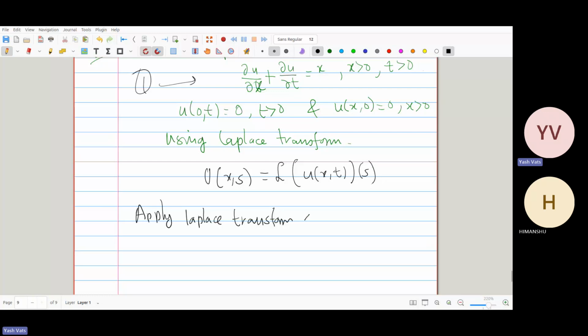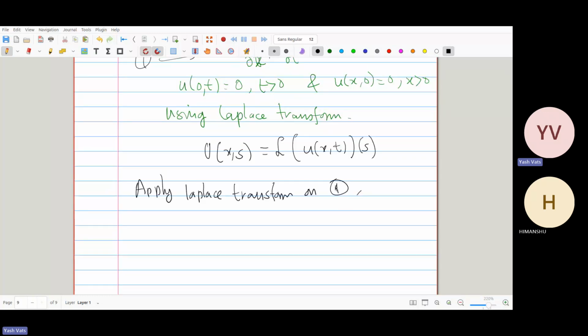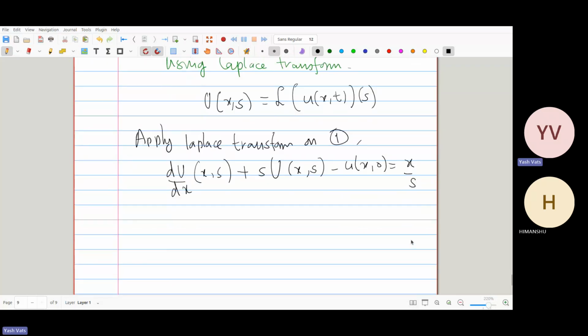So what do you get? You just use the same things. So once you get this, then you get dU/dx plus sU(x,s) minus u(x,0) is equal to x by s, which implies du over dx plus sU equals x over s.